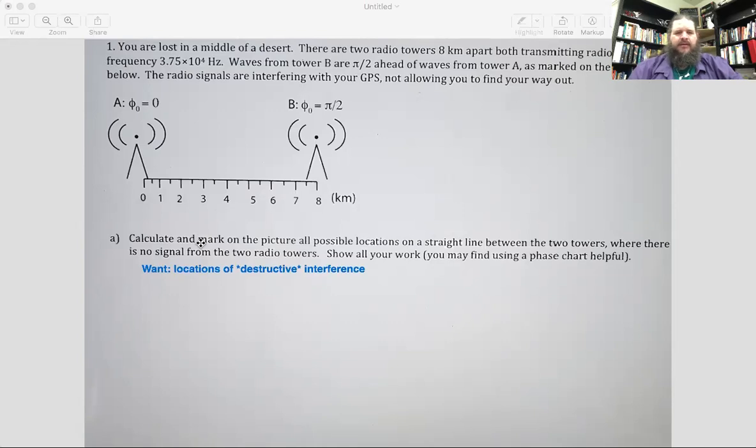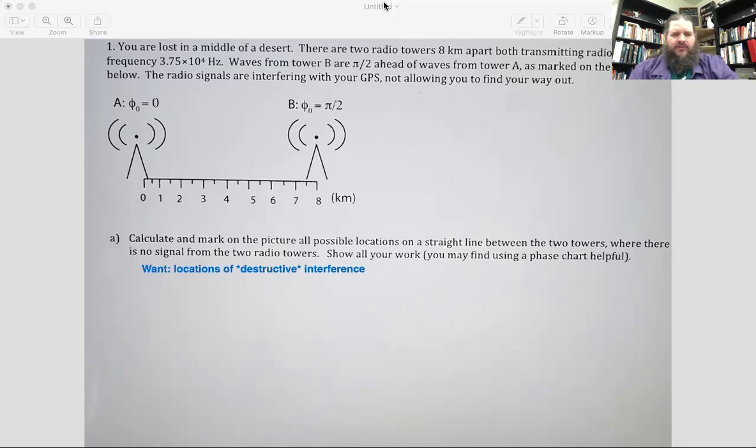So to do that, we can use this idea of a phase chart, or not even necessarily the whole chart, but just the idea of the total phase difference. And I'm going to paste in the usual equation we use here. This is ultimately just the portion inside the sine function from the wave equation.